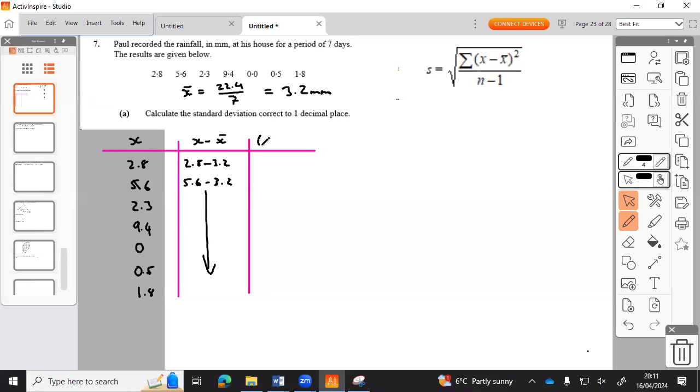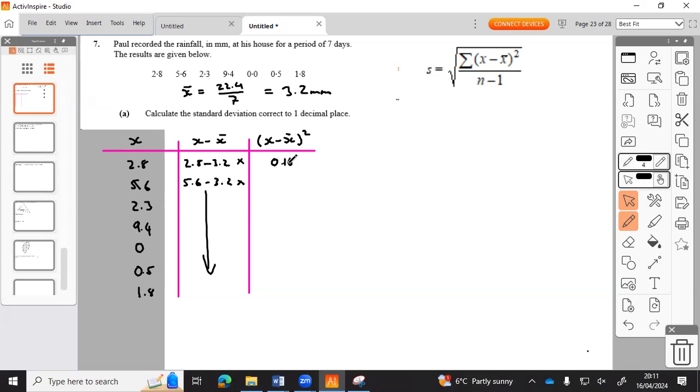My last column, and this is just a way to organize it, is x minus x bar squared. Whatever value I'm getting in the previous column, I'm squaring it in this column. Now it's always going to be a positive value.